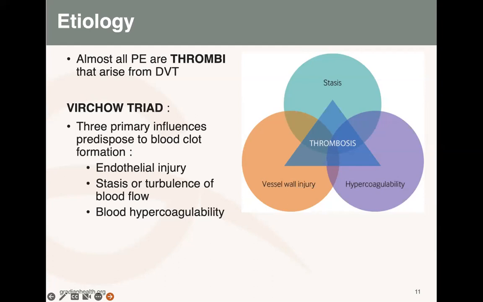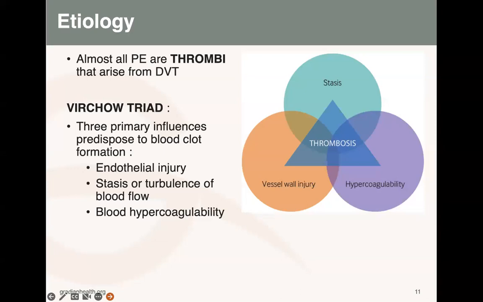For example, in an immobilized patient, or a patient who has paralysis, or a patient who has varicose veins. In patients who have varicose veins, there are issues with the vein valves, but also surgical patients can be immobilized because of the surgery. And also patients who have long travel, more than 8 hours, stay without moving the extremities for long, and it can predispose them to develop thrombus.